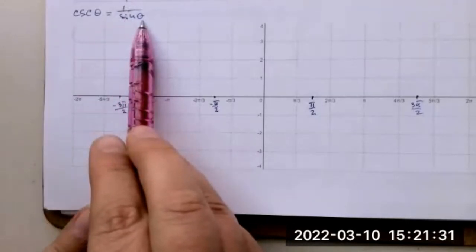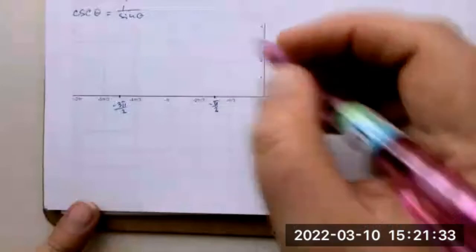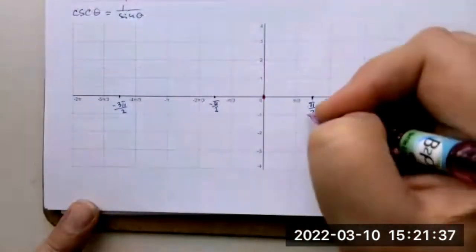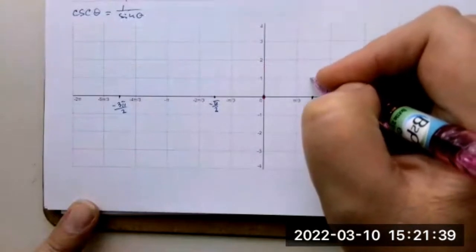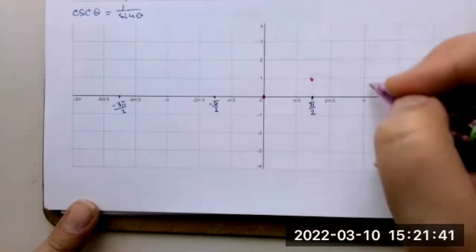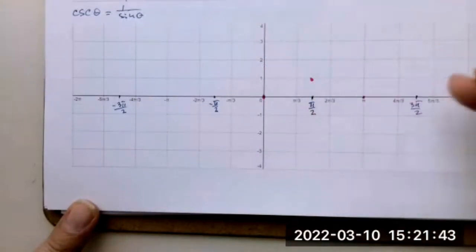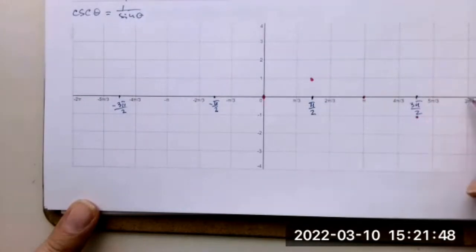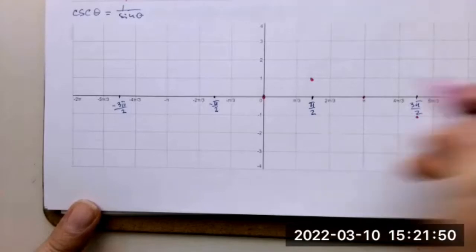So let's start. We know that sine theta is 0 at 0, and then it reaches its maximum at pi over 2, and then it goes to 0 at pi and reaches its minimum at 3 pi over 2, and then back to 0.